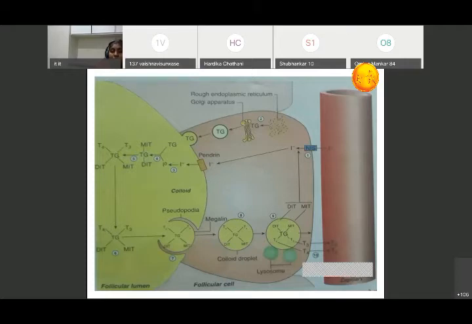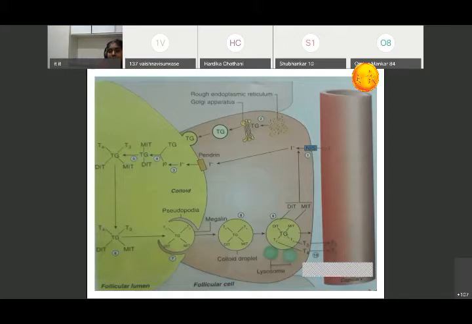Now, I am showing two vesicles only, but to these vesicles the lysosome is attached. Do you see the lysosome? The lysosome is attached, and this lysosome contains a digestive enzyme, and there is release of T3 and T4 into the blood.